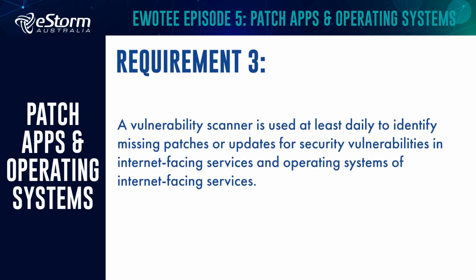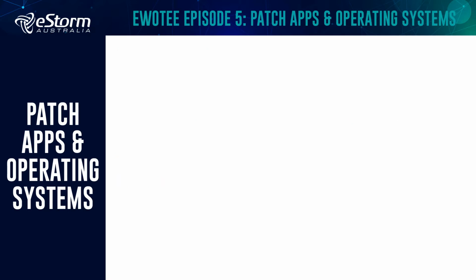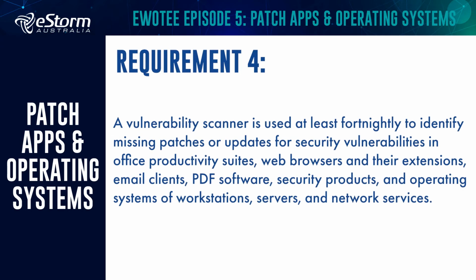Requirement 3. A vulnerability scanner is used at least daily to identify missing patches or updates for security vulnerabilities in internet-facing services and operating systems of internet-facing services. Requirement 4. A vulnerability scanner is used at least fortnightly to identify missing patches or updates for security vulnerabilities in Office productivity suites, web browsers and their extensions, email clients, PDF software, security products, and operating systems of workstations, servers, and network devices.